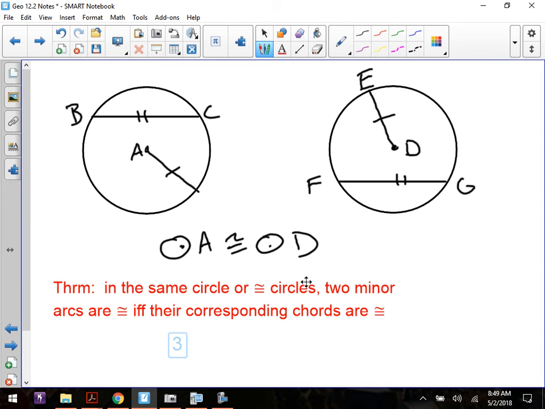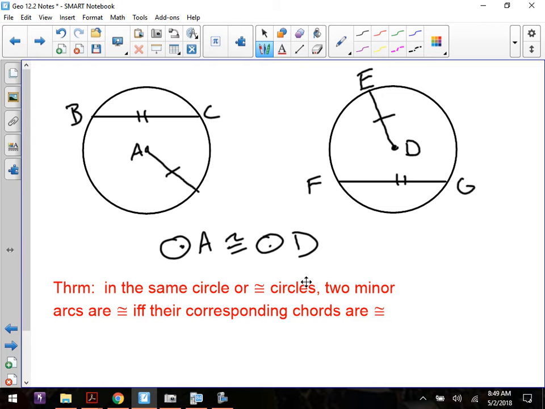Anyway, so what happens then with arcs and circles and chords? If you have congruent circles, that means that the radii are always the same. Two circles will only be congruent if and only if the radii are the same.